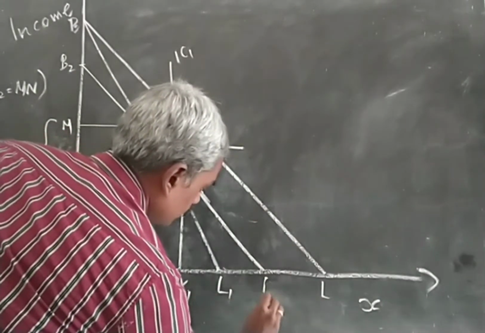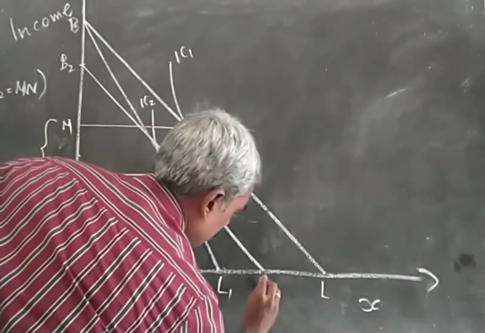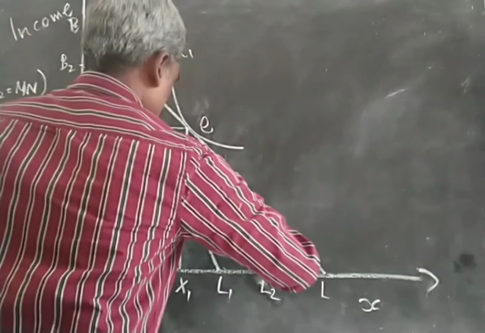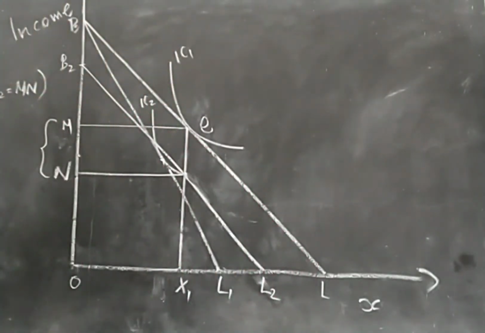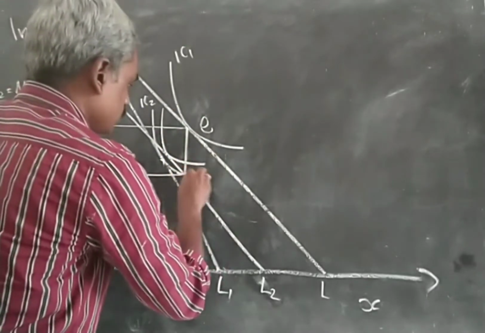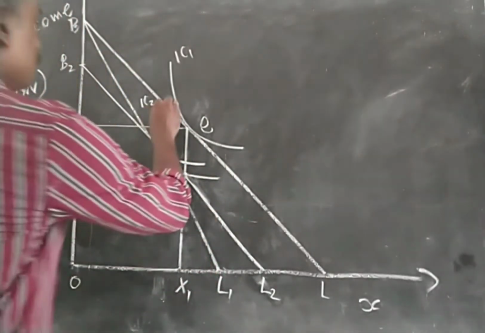And here we have N2. So his income has been reduced by MN amount. MN is equal to BB2. Now what will be the consumer's reaction to it? We can see that now the consumer can be on a higher indifference curve if he wants, on IC3.